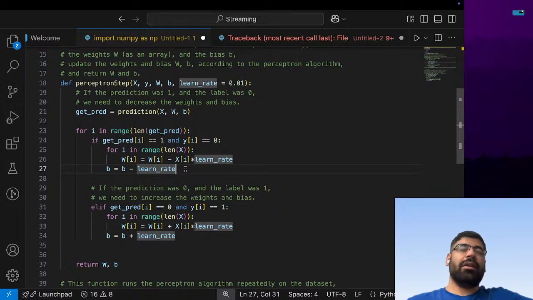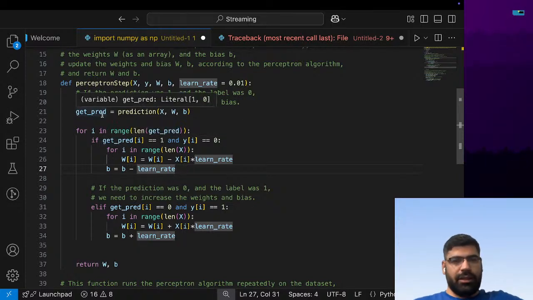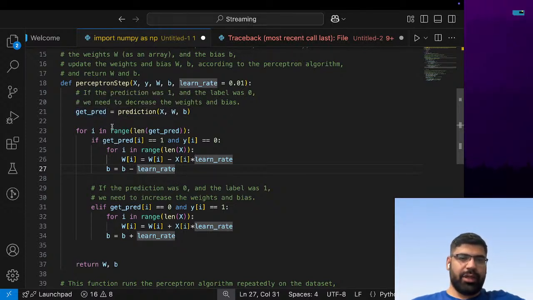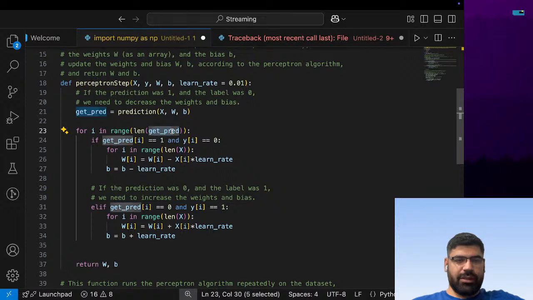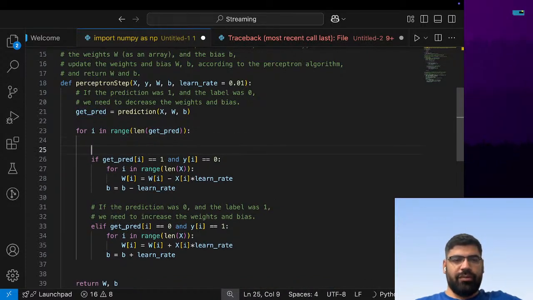Think about it. I'm getting the array of predictions. I have the array of values. So first, let's say take one by one. I'm taking one prediction, the first one.